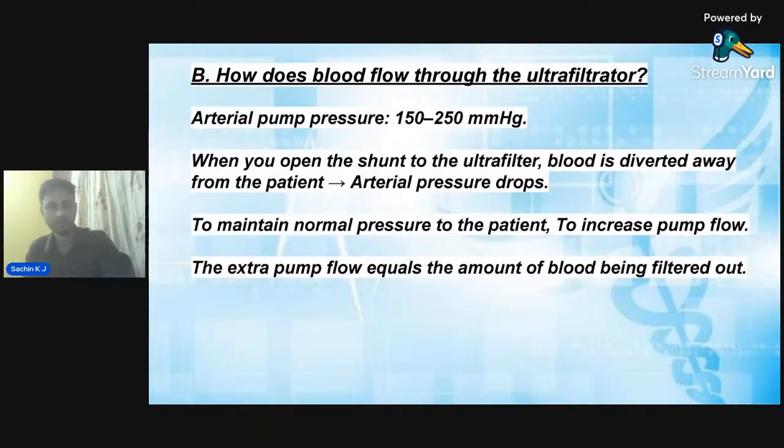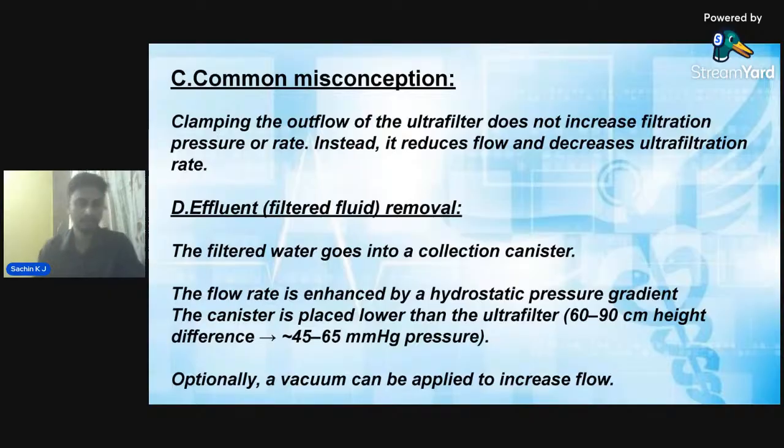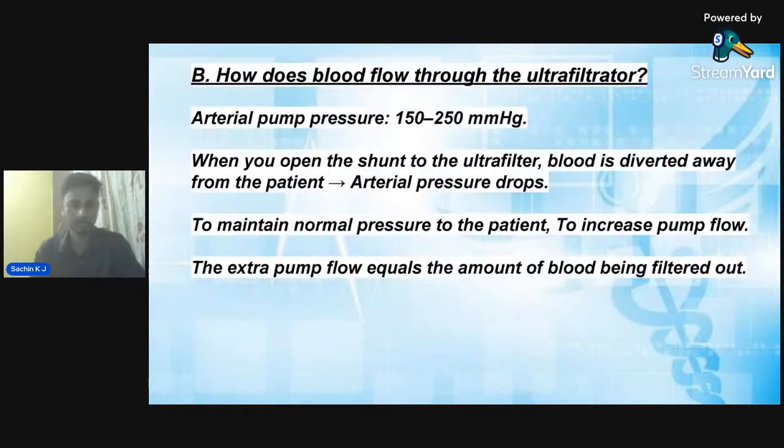When you open the shunt to the ultrafilter, blood is diverted away from the patient, and arterial pressure drops. To maintain normal pressure to the patient, increase pump flow. The extra pump flow equals the amount of blood being filtered out. Before starting ultrafiltration, we need to check line pressure.